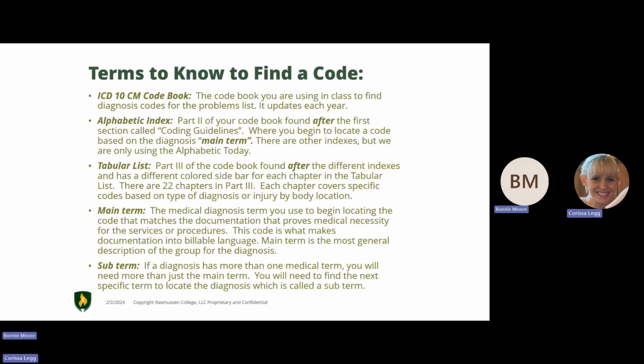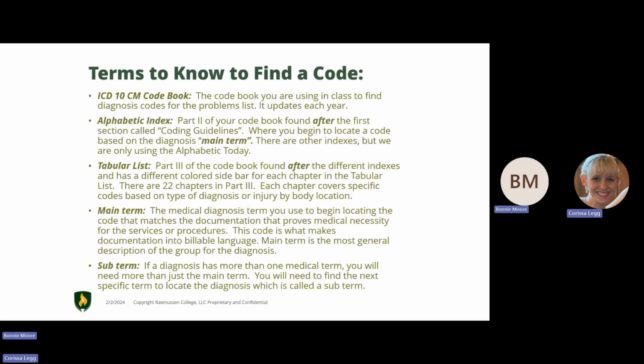So even though they may look different on the cover, they might look a little different on the inside, these particular parts of the code book remain the same no matter who publishes it, no matter who puts it together.